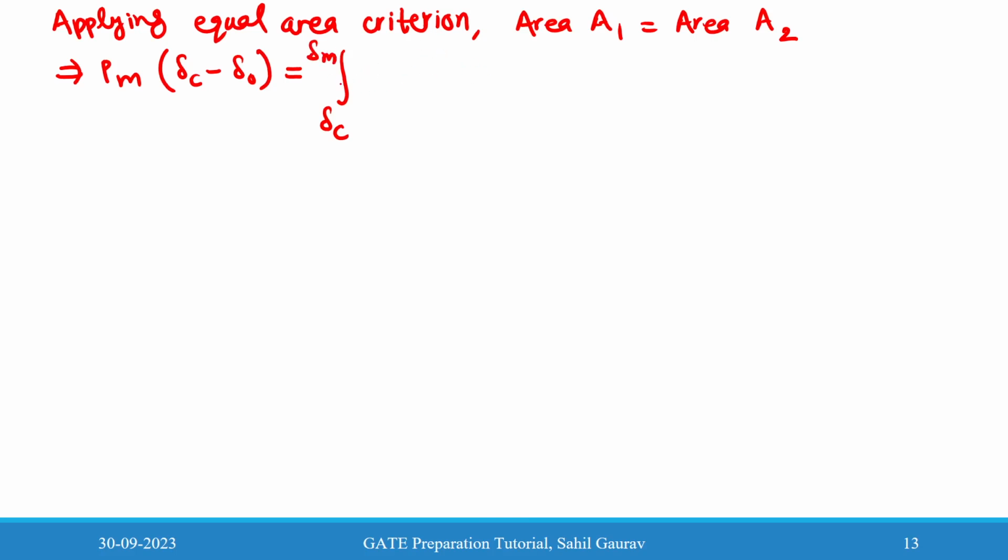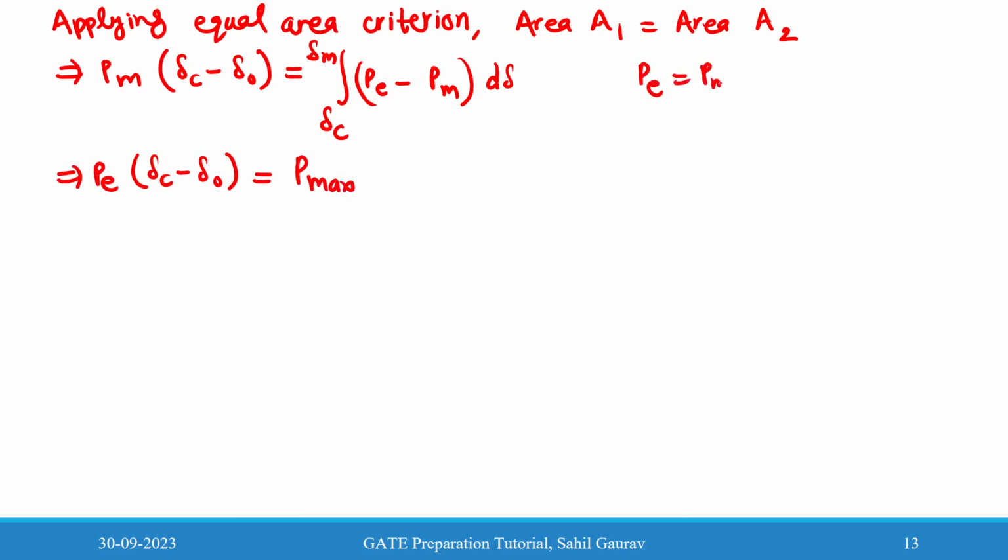So delta c to delta m, Pe minus Pm d delta. So here we can write Pm into delta c minus delta naught is equal to the integral, where Pe is equal to P max sine delta.